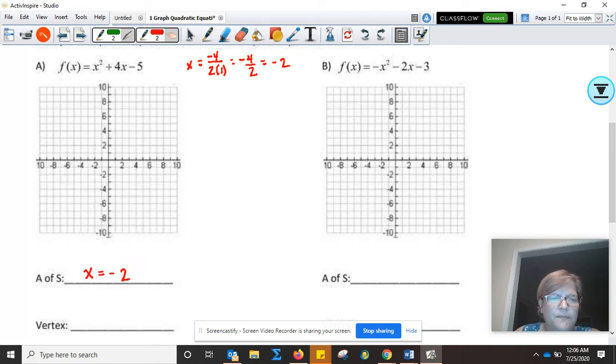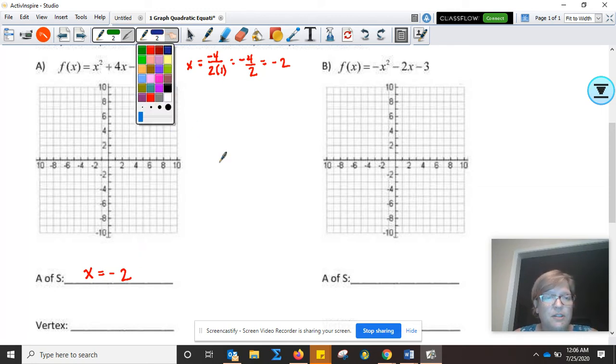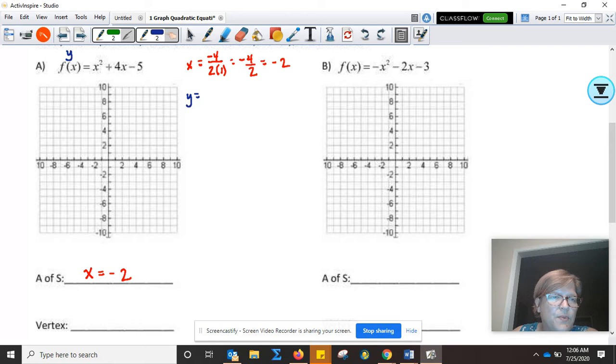All right, now to find the vertex, we're going to plug negative 2 into that equation. So y equals, because remember f of x is the same thing as saying y, it's just a prettier way, negative 2 squared plus 4 times negative 2 minus 5.